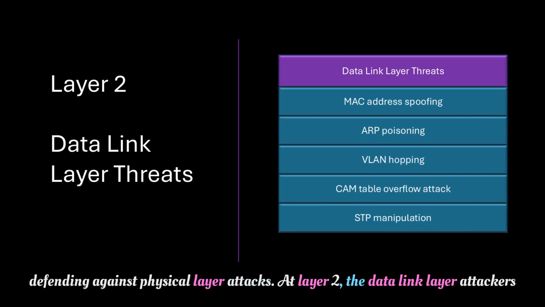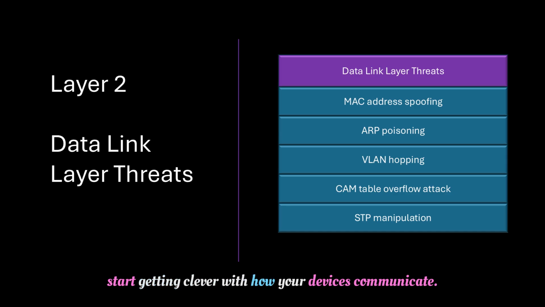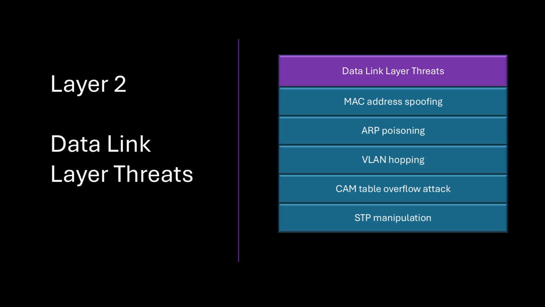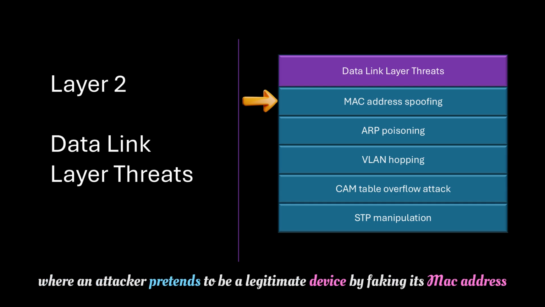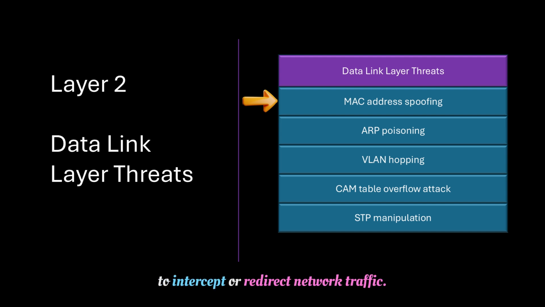At Layer 2, the data link layer, attackers start getting clever with how your devices communicate. This is where they can manipulate traffic flows and undermine the trust between connected systems. One common tactic you need to watch out for is MAC address spoofing, where an attacker pretends to be a legitimate device by faking its MAC address to intercept or redirect network traffic.